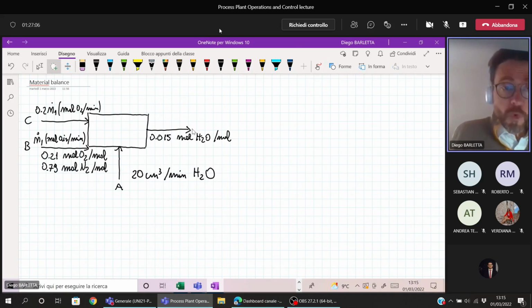Now we need to complete the chart with the other unknown process variables.